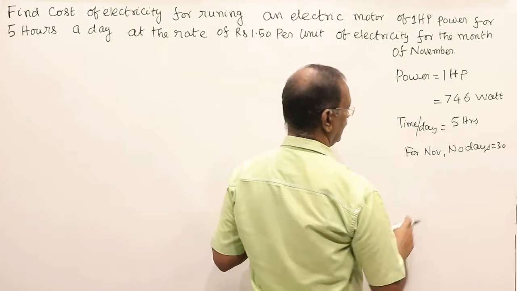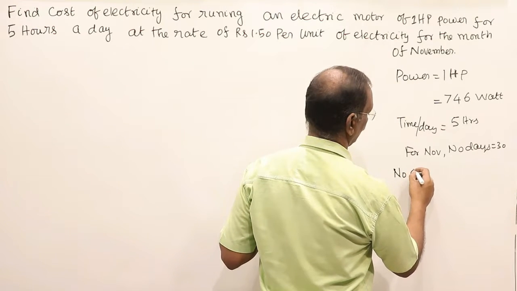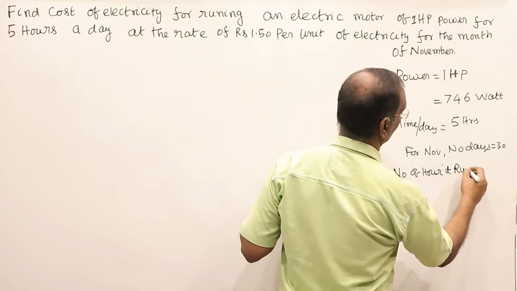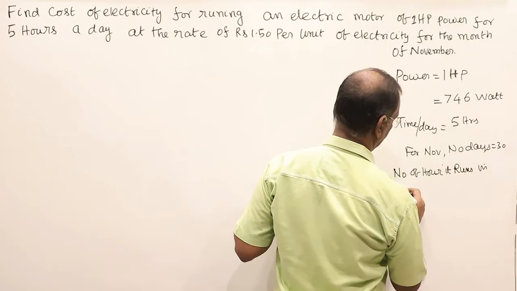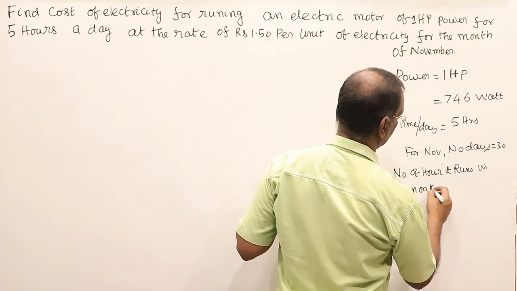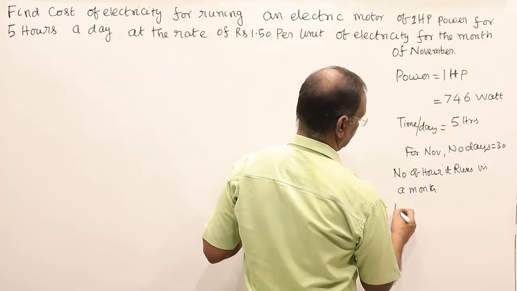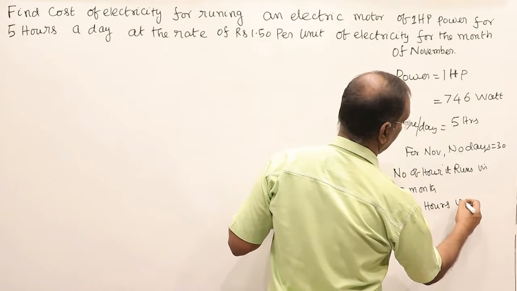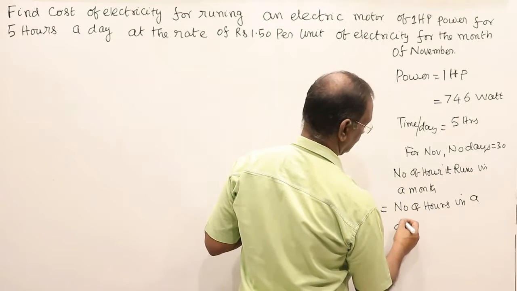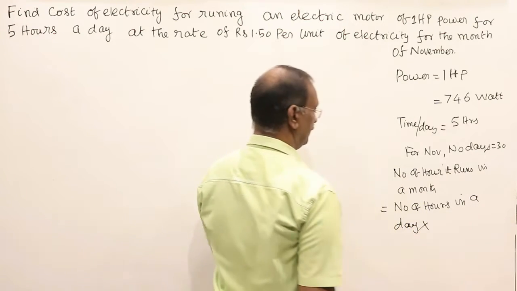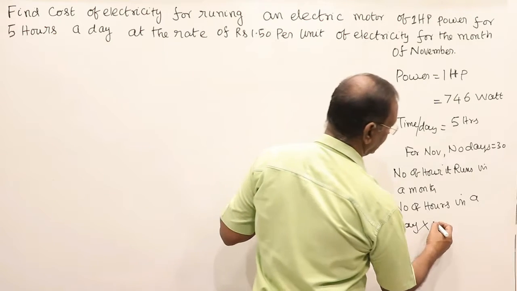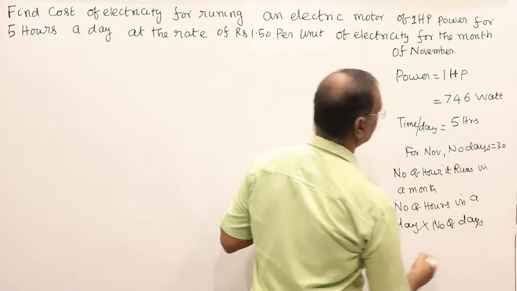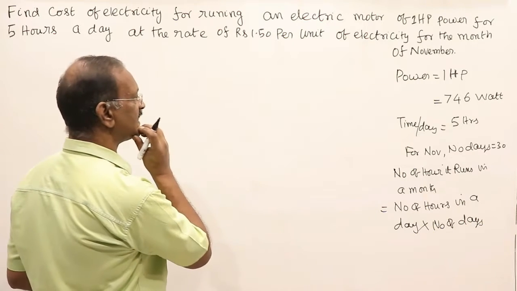It means the number of hours it runs in a month is equal to the number of hours in a day multiplied by the number of days. So we have to calculate how many units we are consuming.